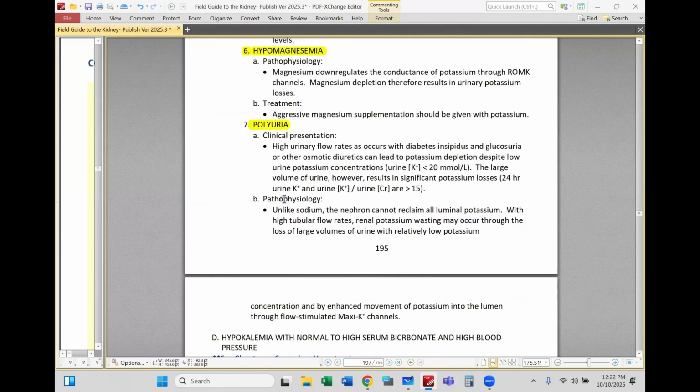Polyuria itself, I already made this point, and so I'll just reinforce it, is a cause of urinary K wasting. Unlike sodium, you cannot render the urine's potassium to zero, essentially. And so when you have large urinary volumes, you will have obligatory K wasting.